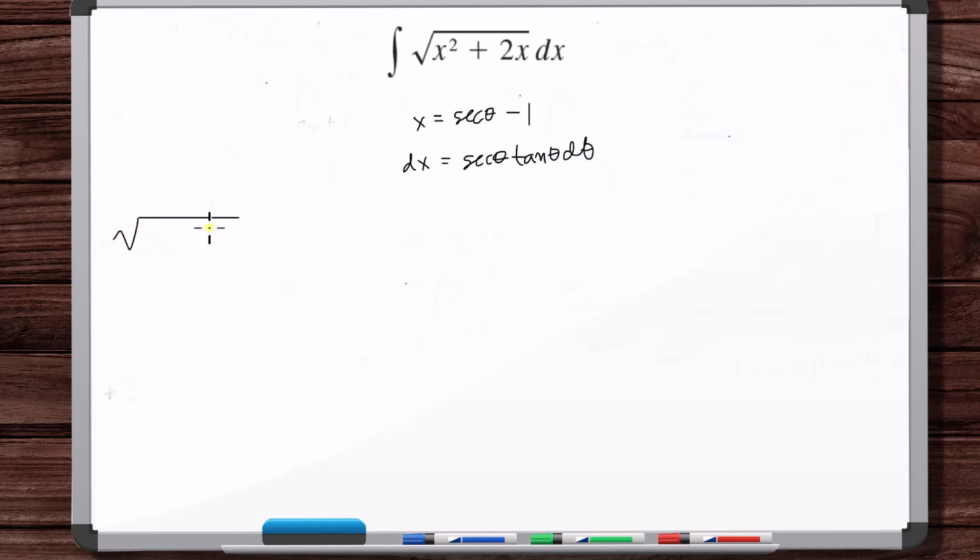So x squared plus 2x, if we make the substitution, x squared is secant squared theta minus 2 secant theta plus 1, and then plus 2 secant theta minus 2.